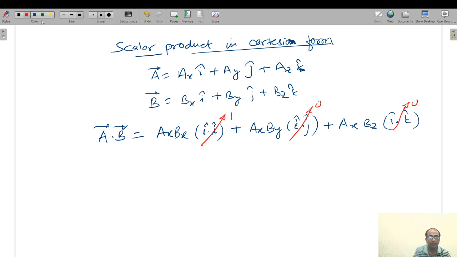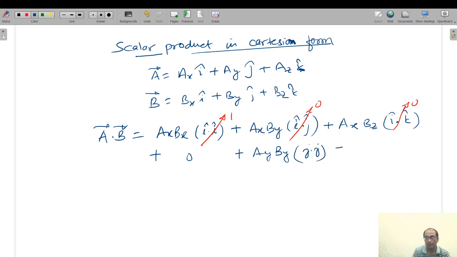Note that this is 1, this is 0, and this component is 0. Similarly, AYj multiplied with these three: j and i are perpendicular, so here you get 0. When you multiply AYj with BYj, you get j dot j.